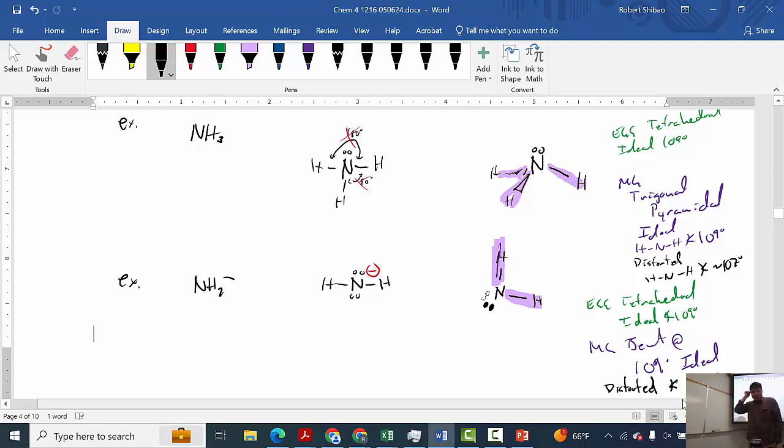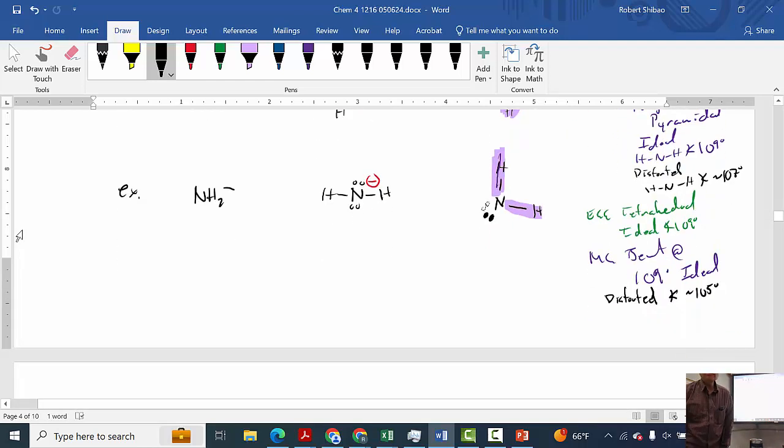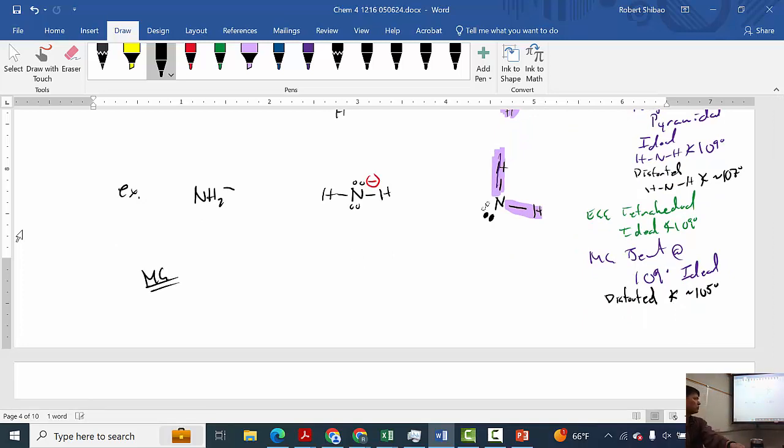Since we don't do angles between the lone pairs, the angles are always defined by three atoms. And so you need 3 atoms to define a bond angle. This is called a bond angle. So for molecular geometries, MG, we have something called the bond angle.